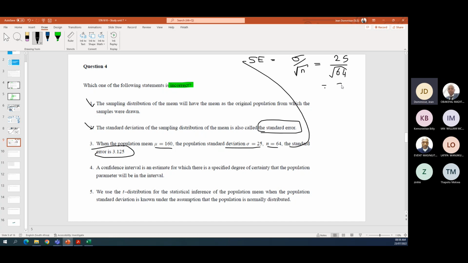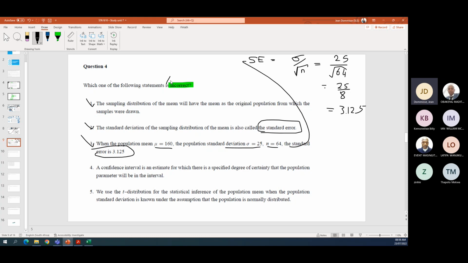It is 25 divided by 8. It gives us 3.125, which is correct. So we're still looking for the incorrect one.